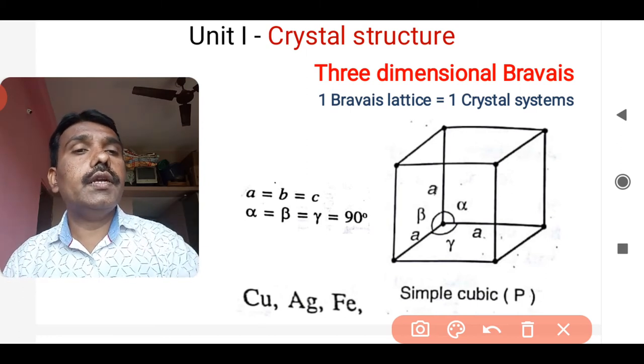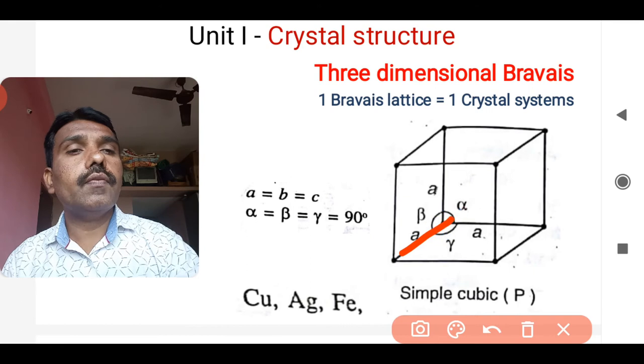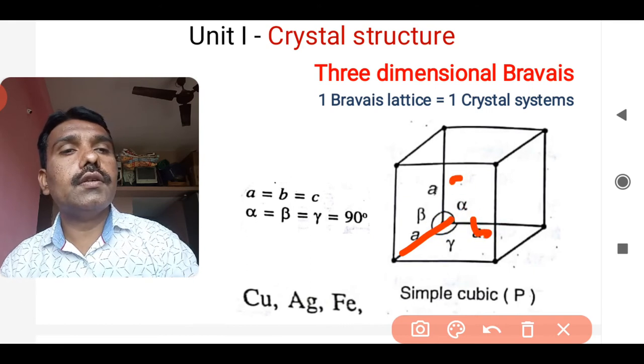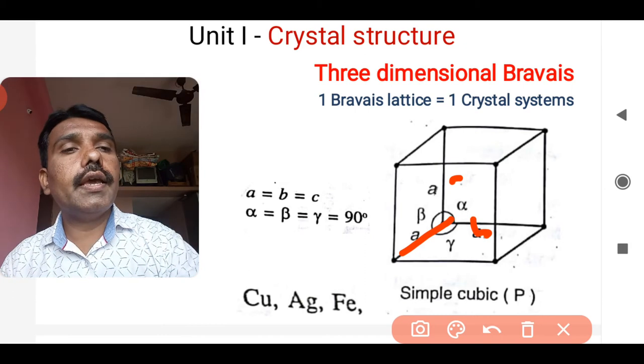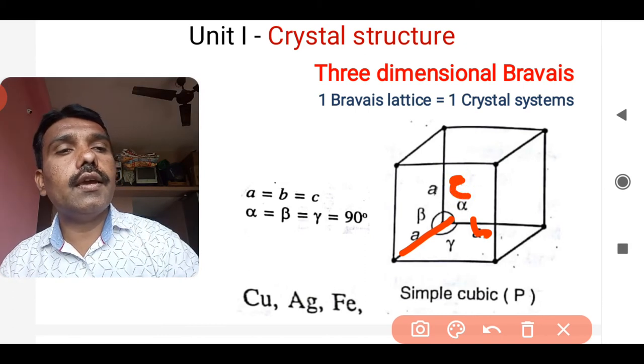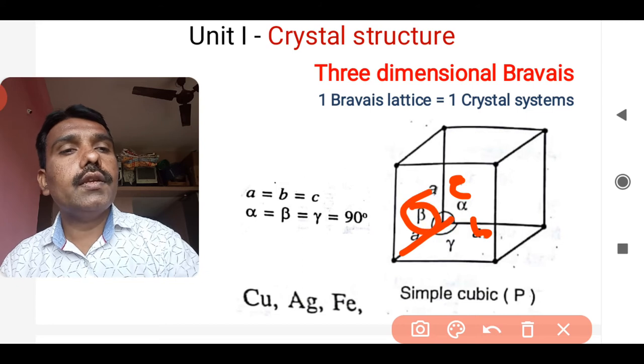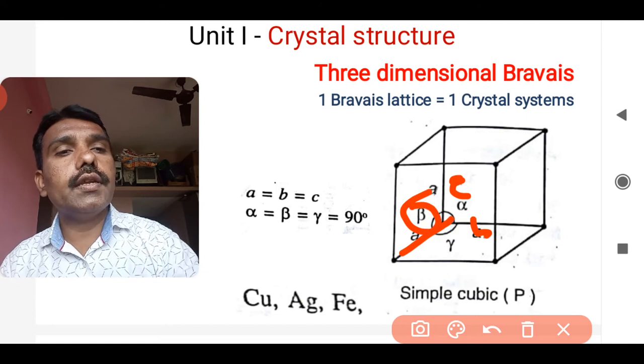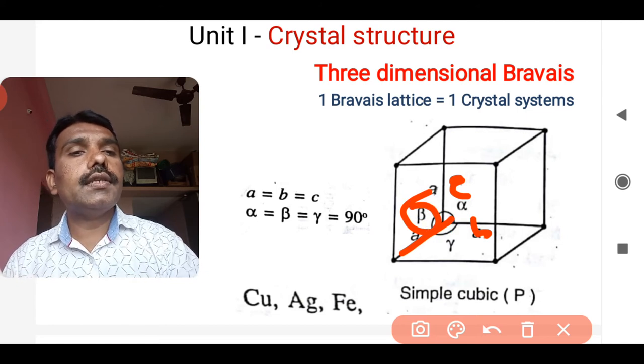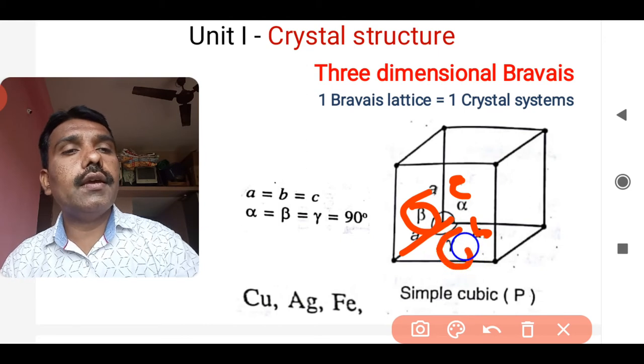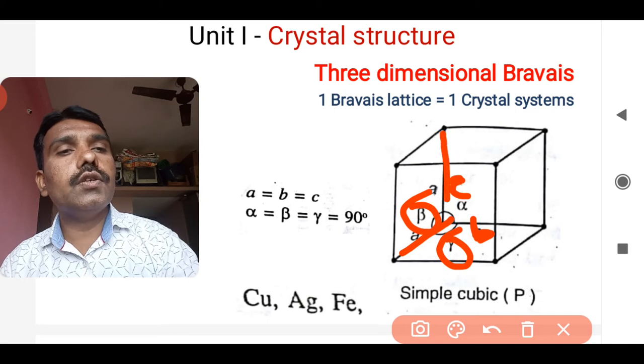This is your a vector, this is your b vector, and this is your c vector. Beta is the angle between c and a. And lastly, gamma is the angle between the a and the b vector.